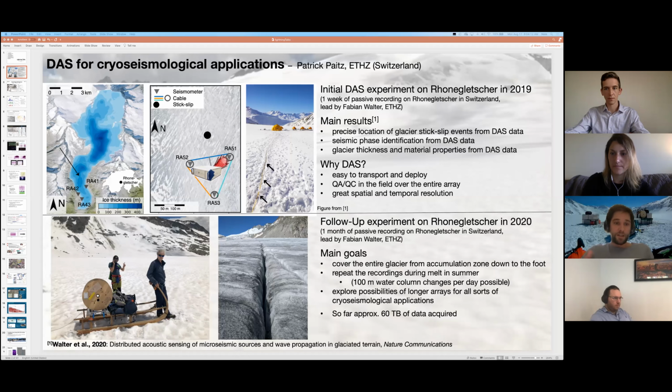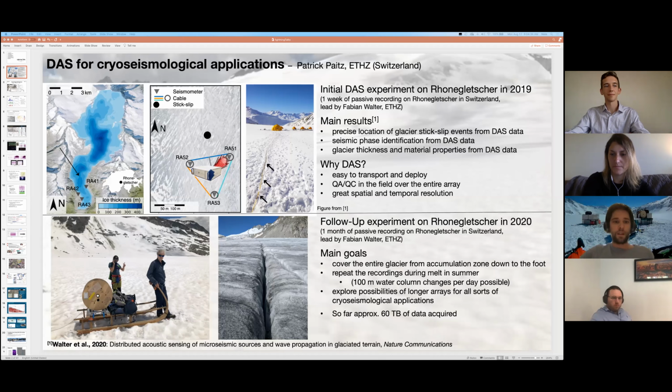In our initial experiment, we had a fiber surface installation in a triangle shape of about 300 meters side length. You can see that in the center on the top. And the cable was trenched in snow on the glacier where you see the arrow on the top left.